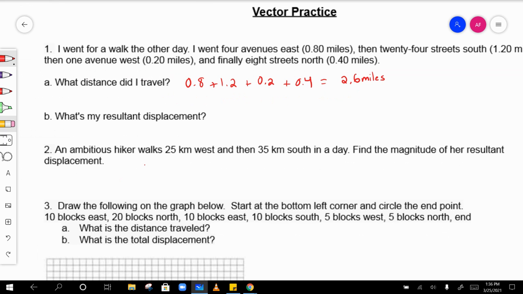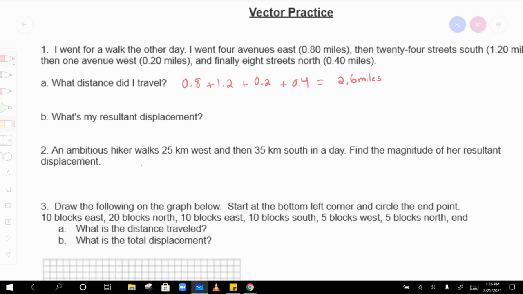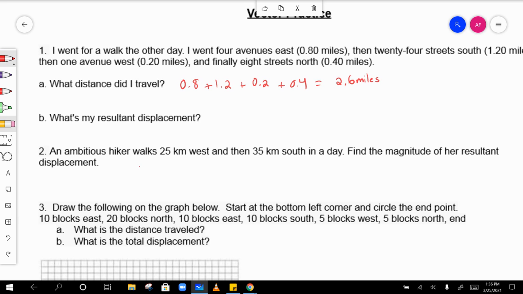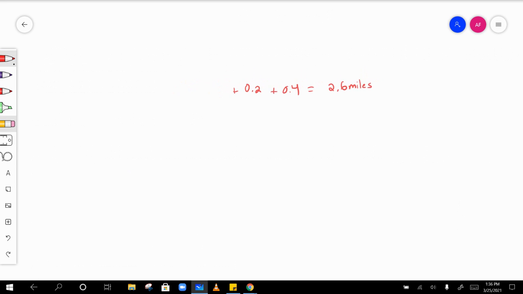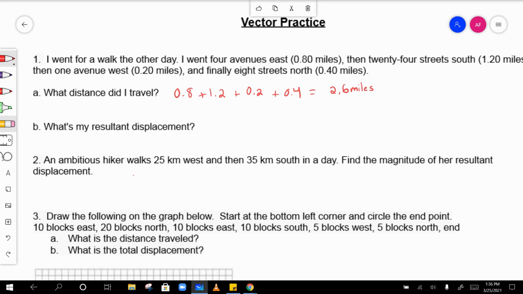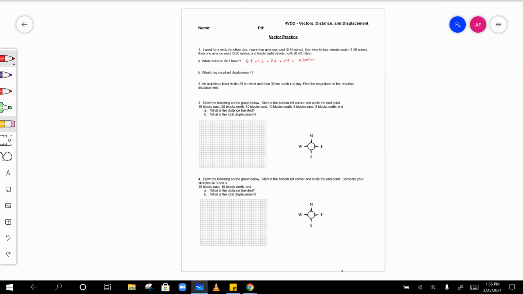What's my resultant displacement? This involves a little bit more difficult calculations because we have to use the Pythagorean theorem. First, we look at the ones that are parallel to one another, so east and west.